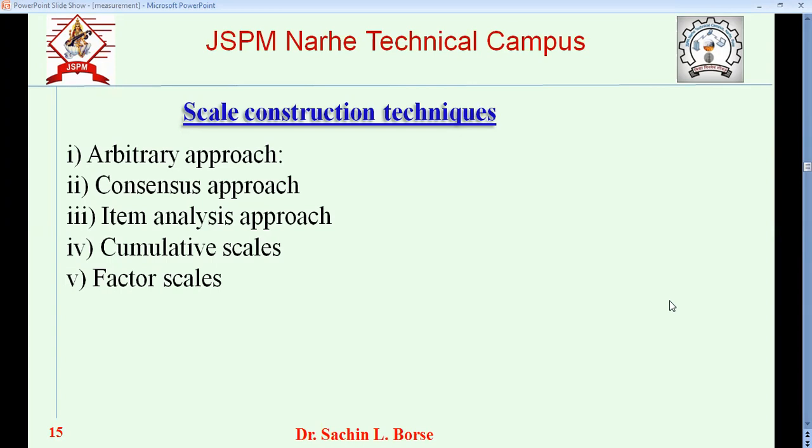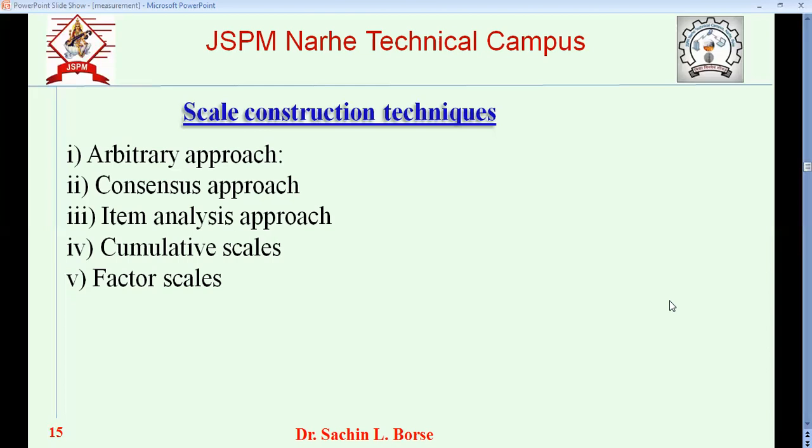In the consensus approach, we create the questionnaires and ask for the weightage of each factor. Consensus means common agreement. Then the item analysis approach we saw last time.